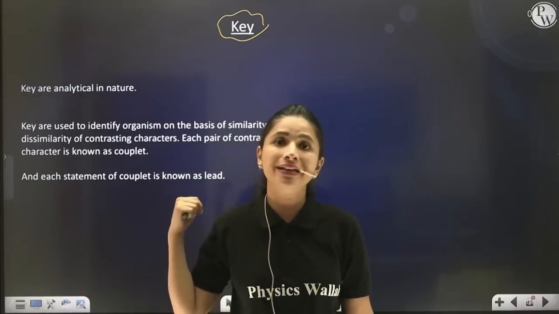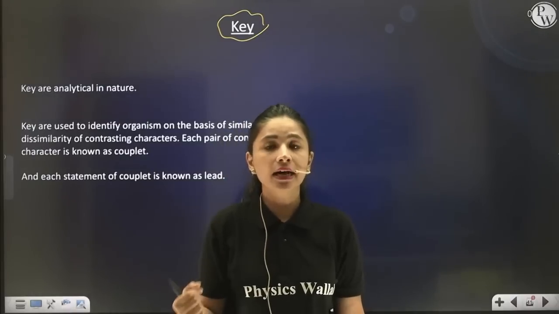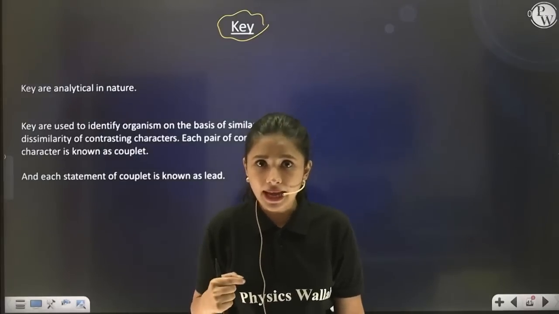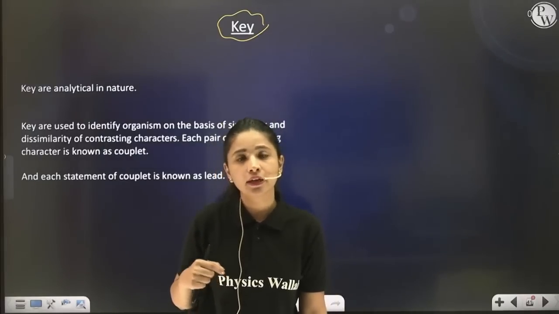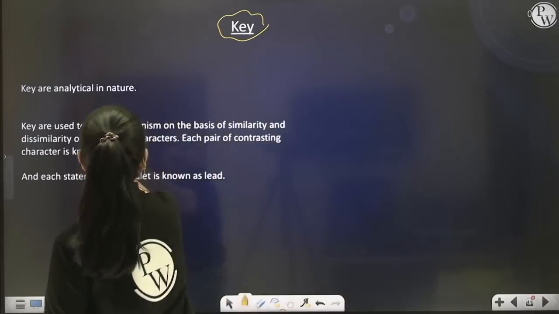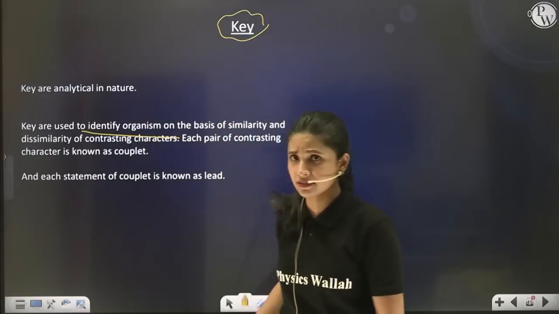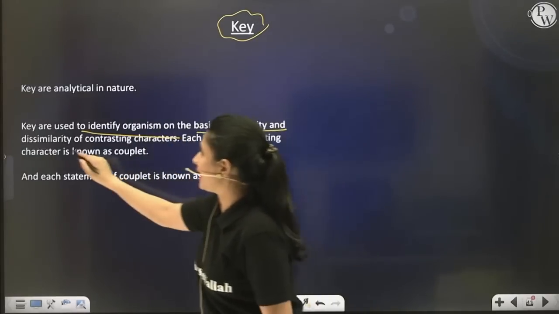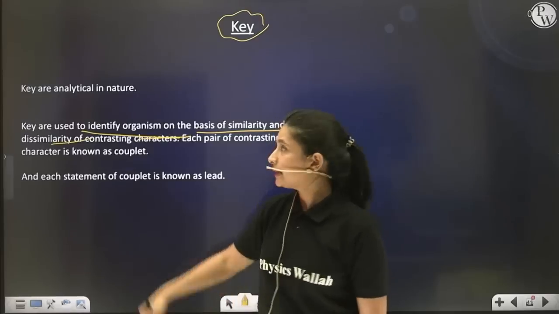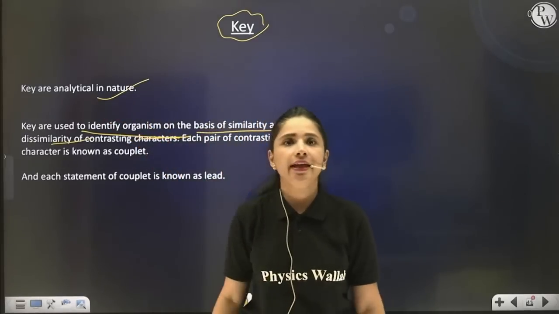The first one is key. Keys are the taxonomical aids which are based upon similarity and dissimilarity of different species. So keys are used to identify organisms on the basis of similarity and dissimilarity of characters. Right? Keys are analytical in nature.